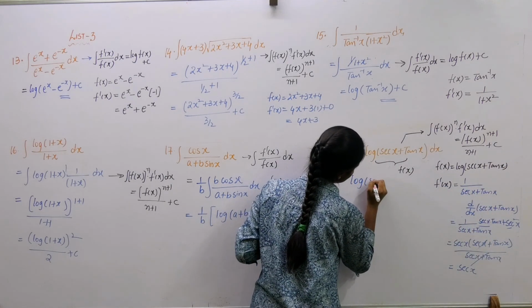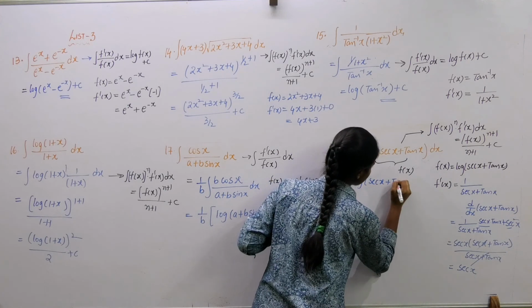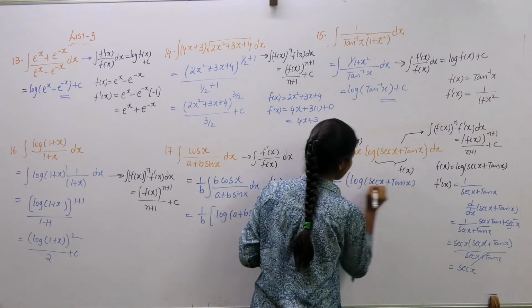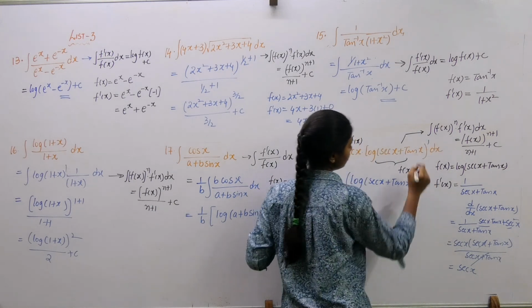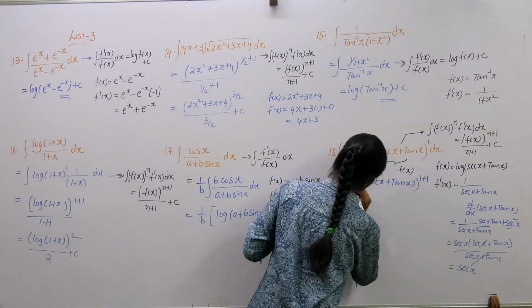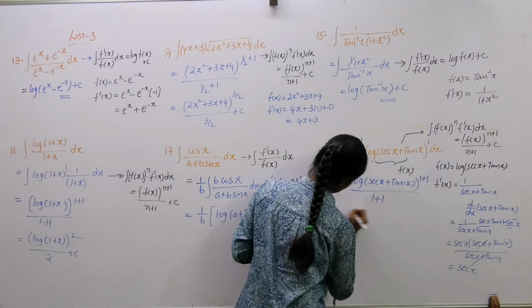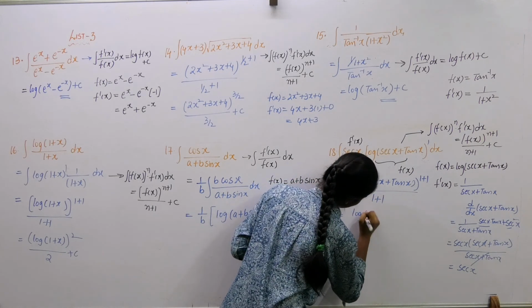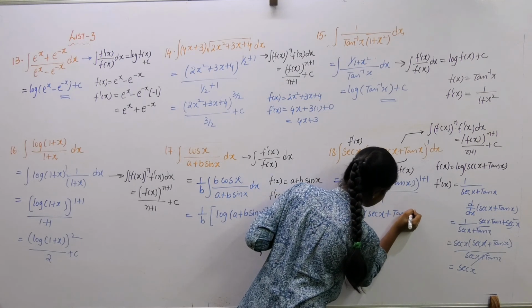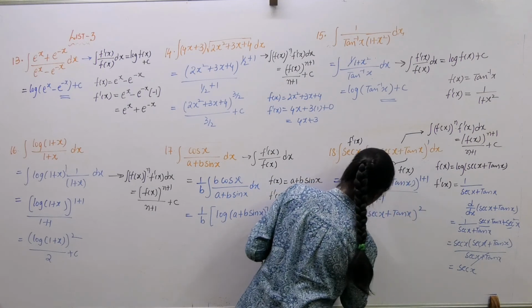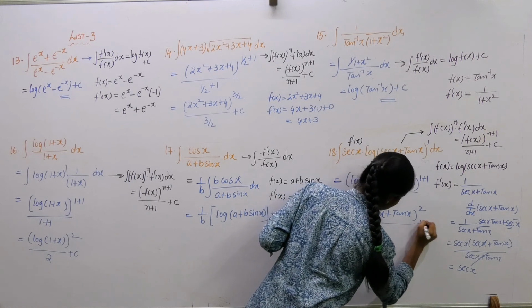F of x is log of secant x plus tan x whole power, the value of n is equal to 1, 1 plus 1 by 1 plus 1. It is equal to log of secant x plus tan x whole power 2 by 2 plus c.